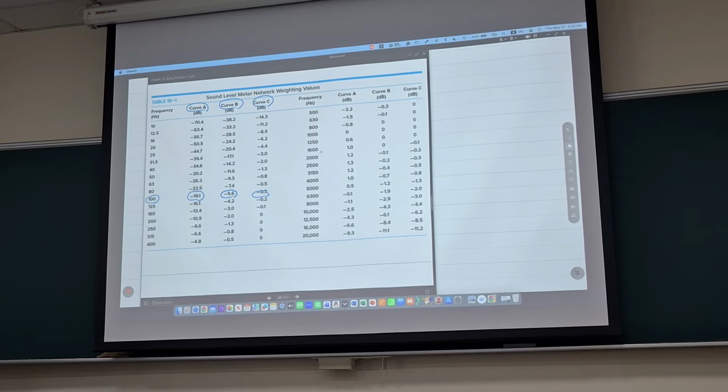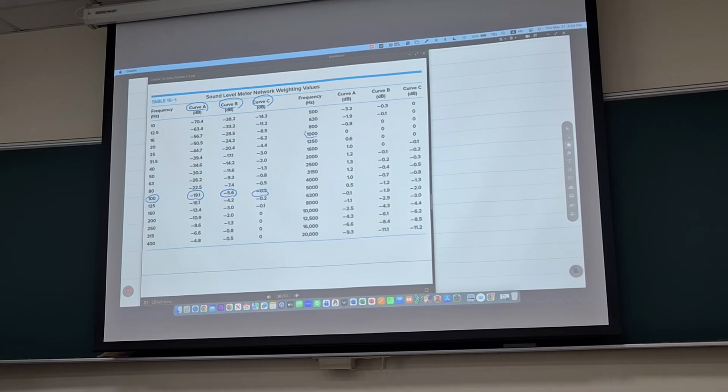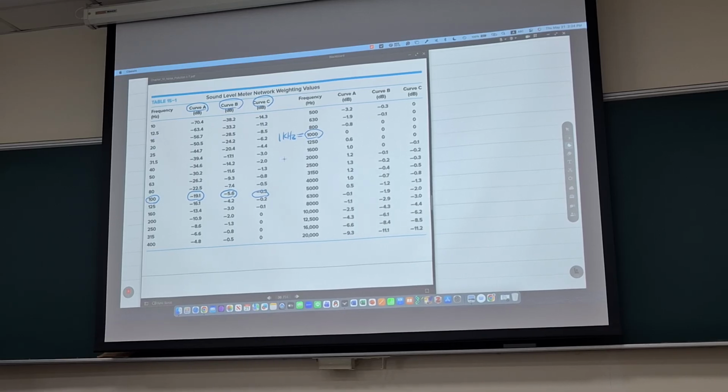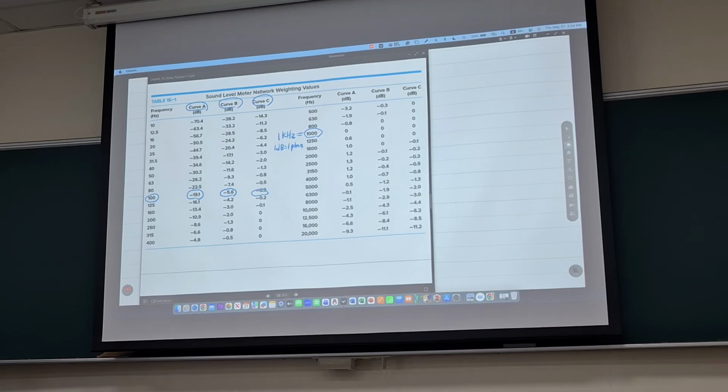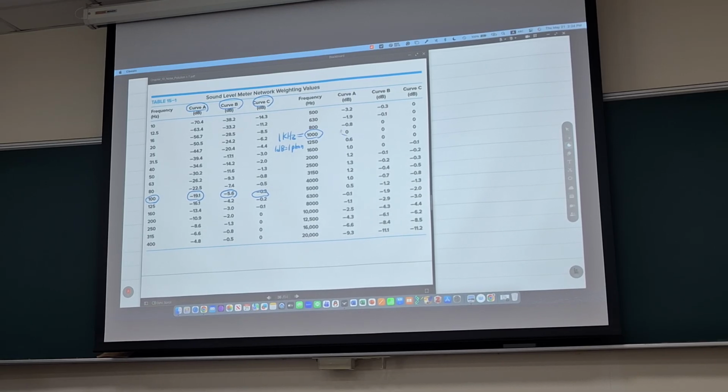However, at 1,000, 1 kilohertz, the dB equals 0, and they cannot reduce anything, no matter A or B or C. Why?